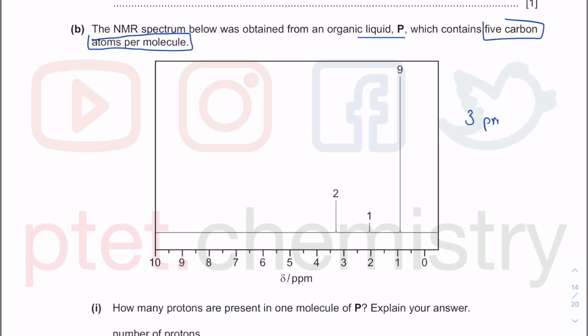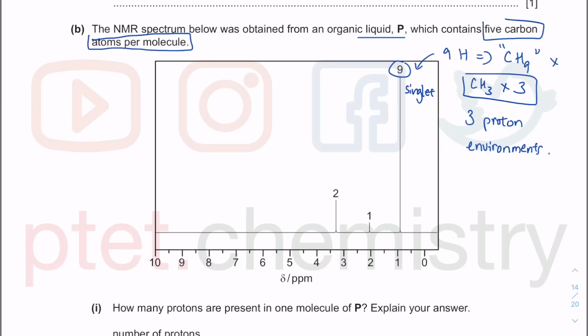You can see that there are 3 proton environments, and it is a very simple environment because this is a singlet, and there are 9 protons. These are called the integrated ratio or the integral. So that means there are 9 protons. You cannot have CH9, there's no such thing. So what you're going to have is CH3 multiplied by 3, because you have a tertiary methyl group there, three times methyl.